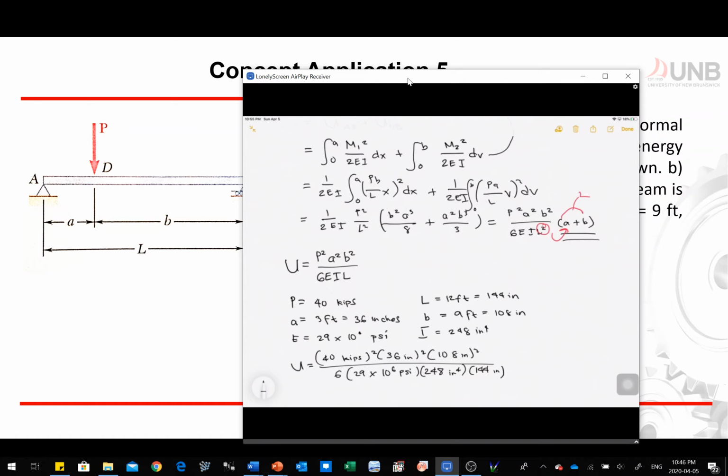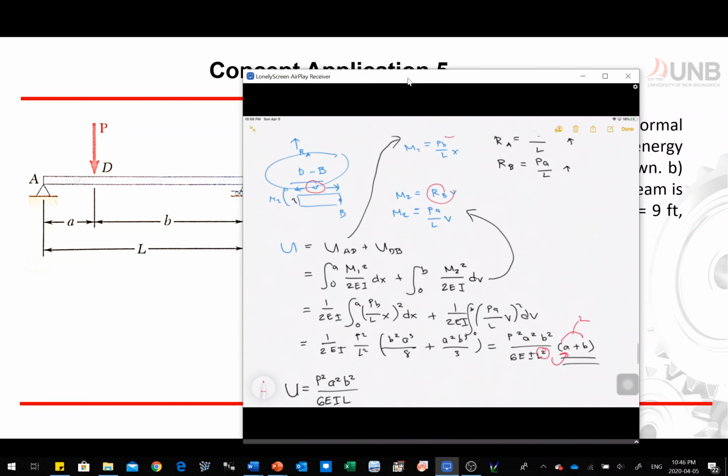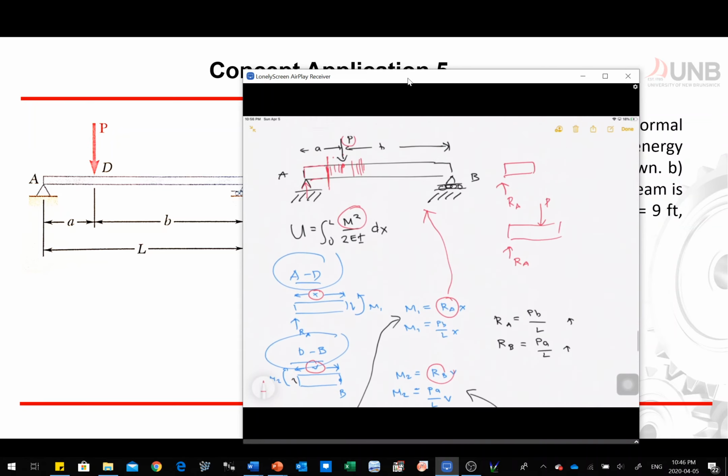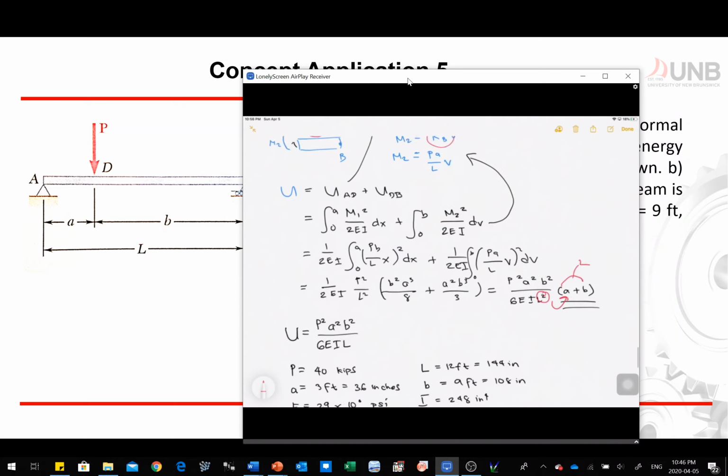And that will give you a value of 3.89 inch. It's right here. So that would be the final answer for concept application number 5.